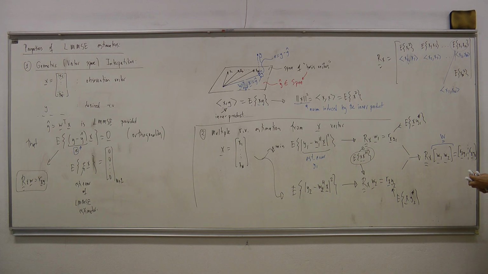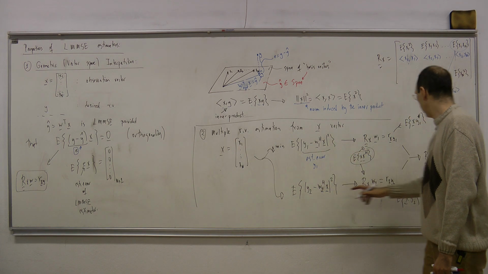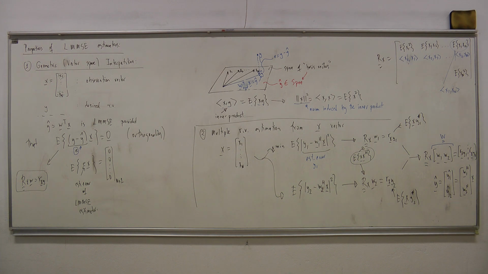Now you can say the following. Then I can estimate this y vector, which is y1 hat, y2 hat, as W1 Hermitian, W2 Hermitian of X, because this is our definition, am I right?